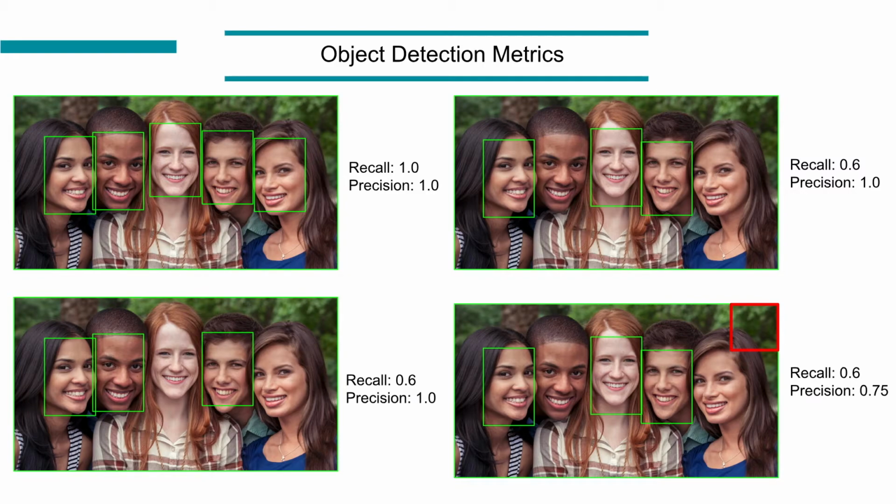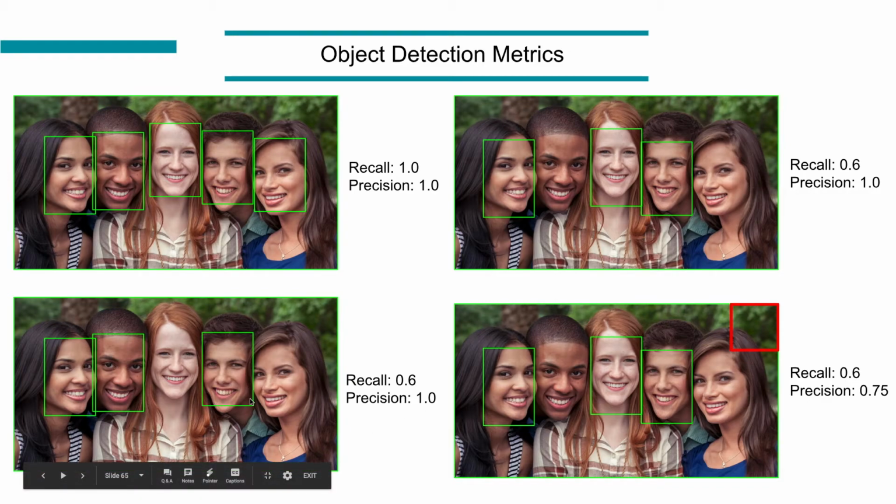That means our recall and precision, both of them are 1. And this one here, right top, our model predicted 3 of 5 faces, and that means it missed 2 faces. So recall should be lower than the previous one, but precision is still at the highest level.